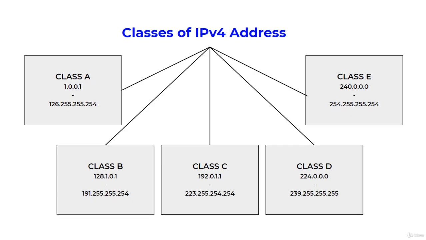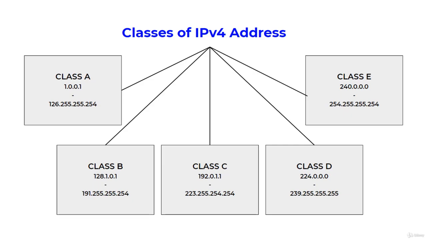Some points to note about dotted decimal notation are that the value of any segment is between 0 and 255, as we discussed in the previous lecture, and there are no zeros preceding the value in any segment. For example, if the number is 054, it should be written as 54.